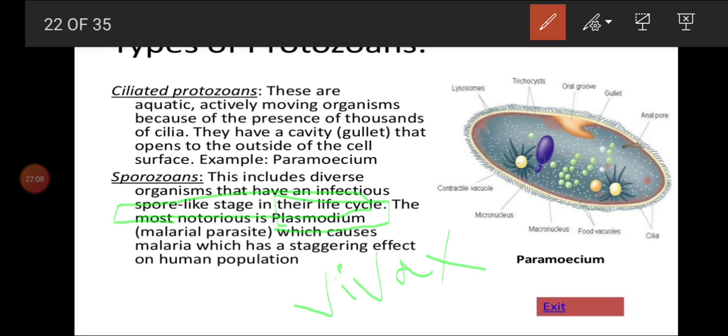Based on the structure, we have learned four categories. Amoeboid means irregularly shaped, and it causes Entamoeba histolytica, dysentery.